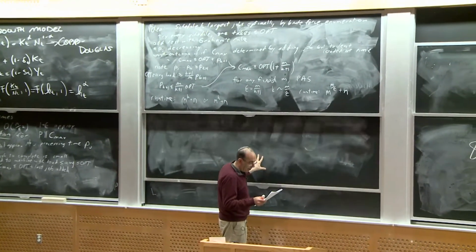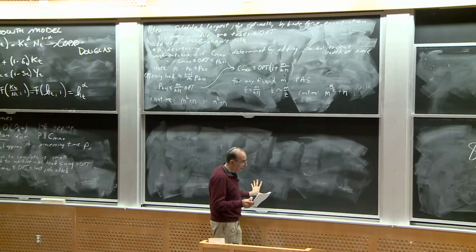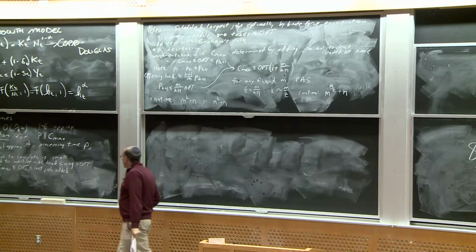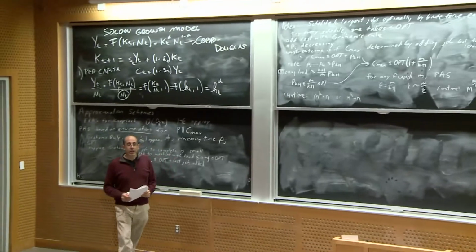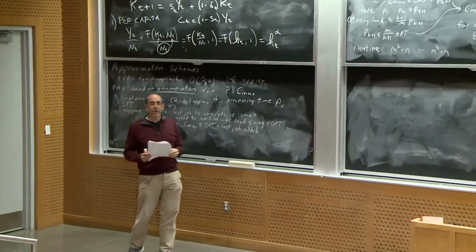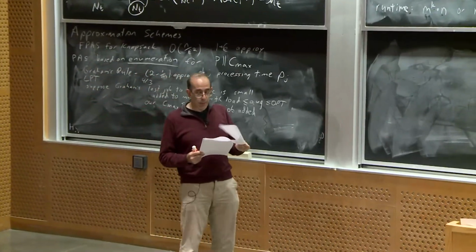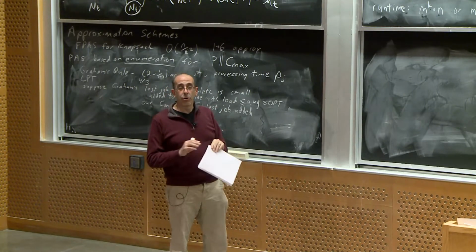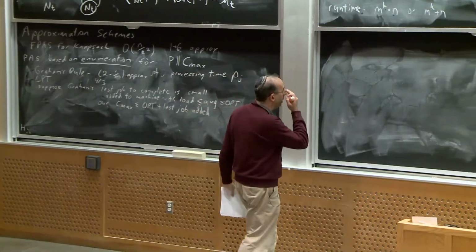So how can we make it a little better? We're going to take the same general idea of sort of brute forcing the large machines, but we're going to think about how to be smarter about our brute forcing. Okay?